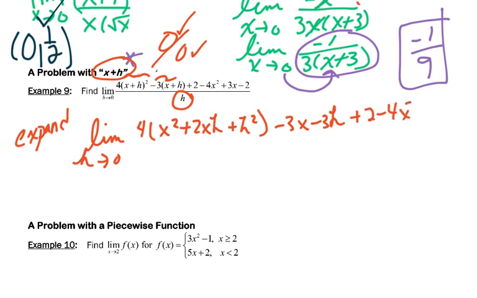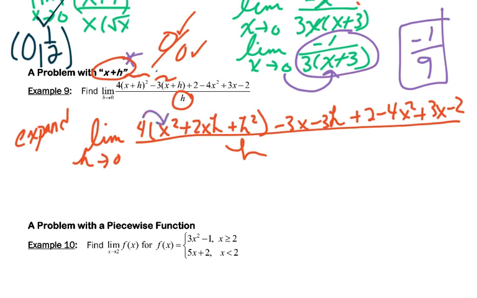What's going to happen? I got to write it all out here. So watch what's going to happen. I'm going to end up with a 4x squared from this, but I have a minus 4x squared over here.